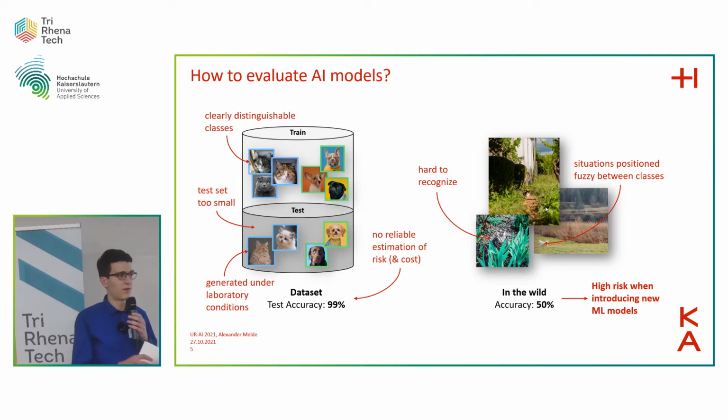They just know what they have seen in the training, and often in reality, objects are hard to recognize or positioned fuzzy between classes. This just results in a very low accuracy in practice and a high risk when introducing new AI models.